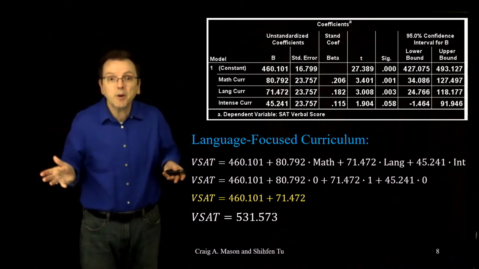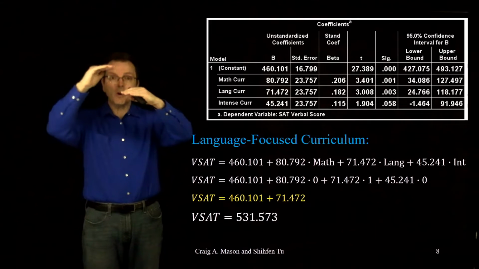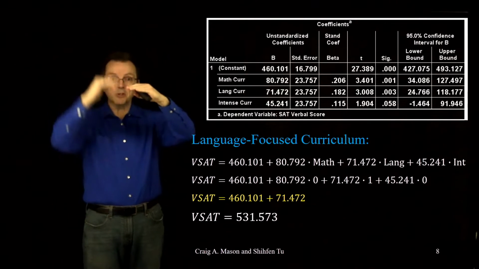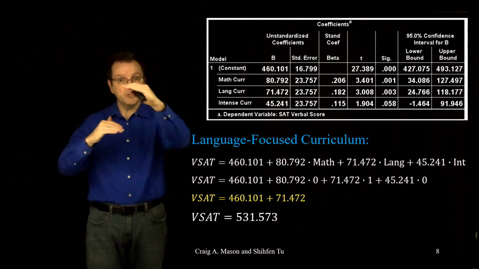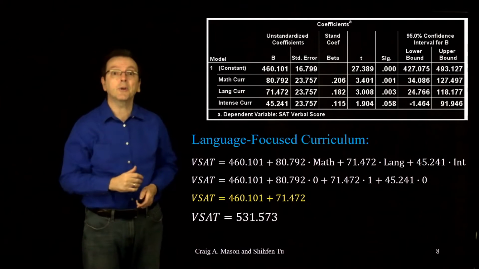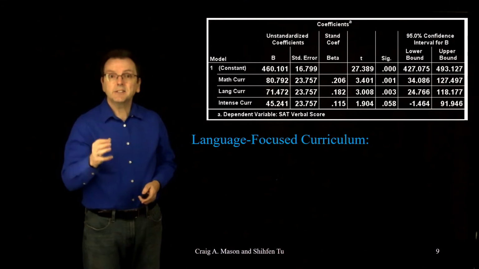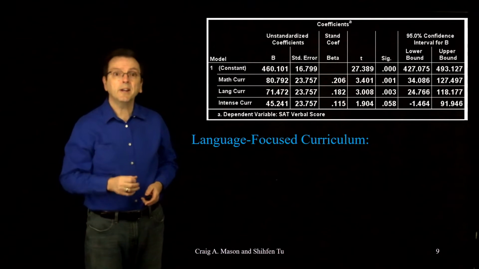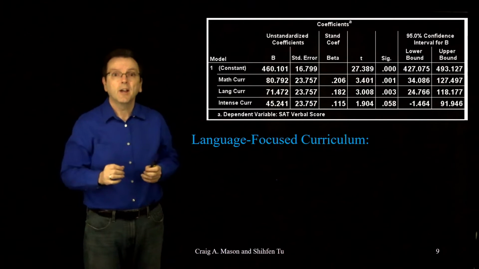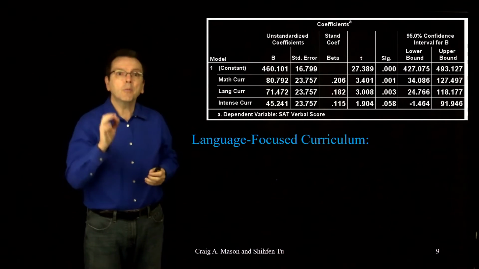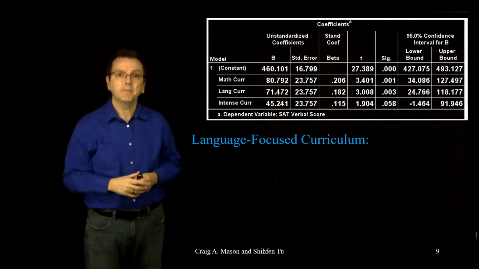And we see it in the regression coefficient. It's how much higher or lower the language-focused curriculum is relative to the reference group, which is the standard curriculum, right? And the t-test for the language-focused curriculum tells us whether that difference is so large that we're convinced it's not really just 0 out in the population, right?